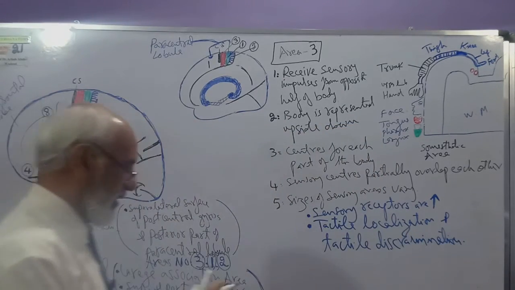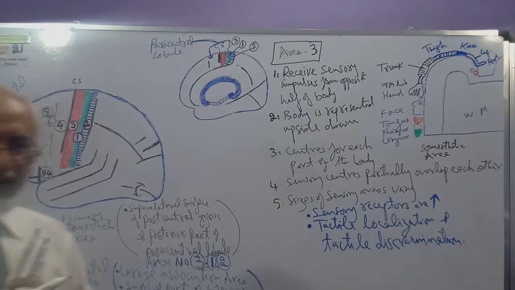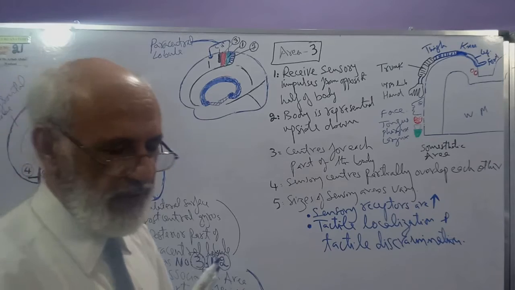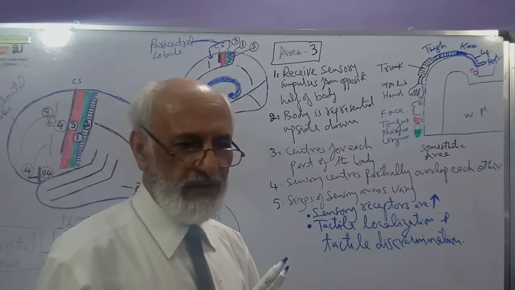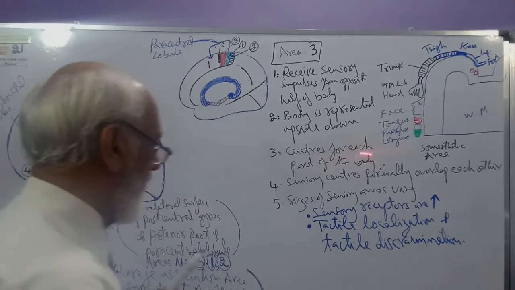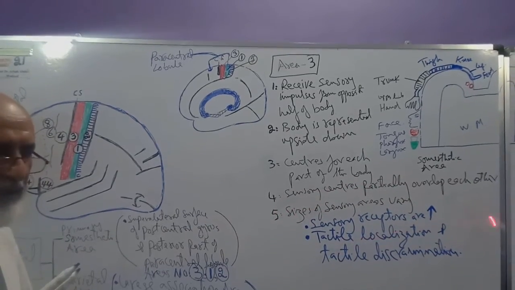So in case of motor cortex area number 4, the size of the center depends upon the movements, whether they are fine or not fine, and does not depend upon the sizes of body parts. Similarly here, the sensory centers also vary in sizes. Some areas are very large, some areas are very small.